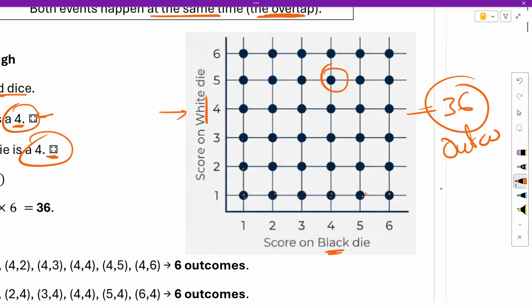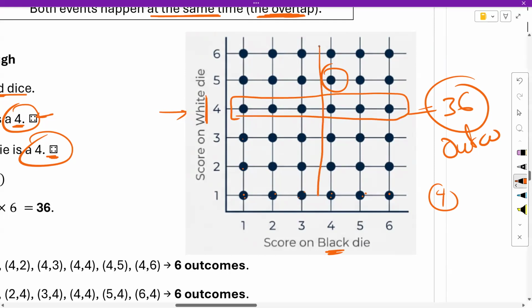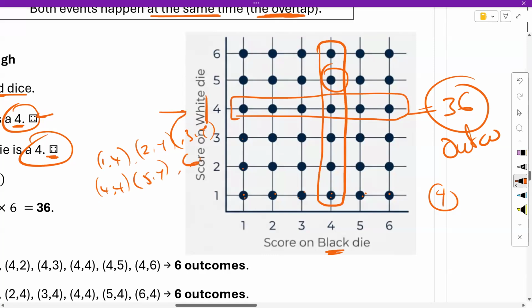But we want the first die to be 4. Either we can get 1 comma 4, 2 comma 4, 3 comma 4, 4 comma 4, 5 comma 4, 6 comma 4.